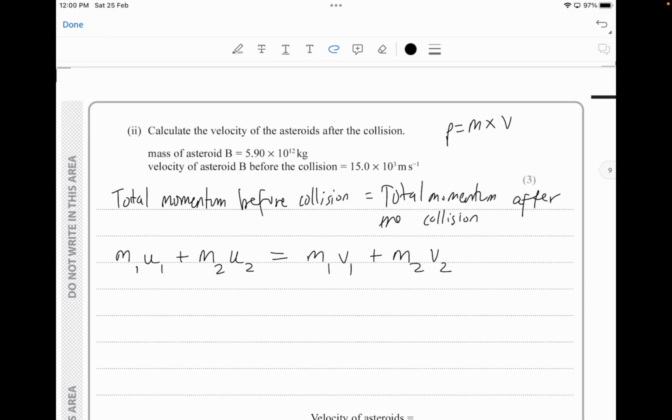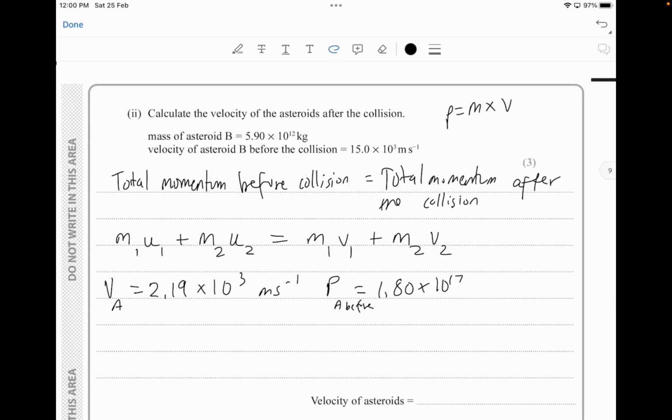Asteroid A had a velocity of 2.19 times 10 raised to the power 3 meters per second, and the momentum of asteroid A before is 1.80 times 10 raised to the power 17. And the mass of asteroid A is roughly 8.2 times 10 raised to the power 13 kilograms. So we have that information written down.